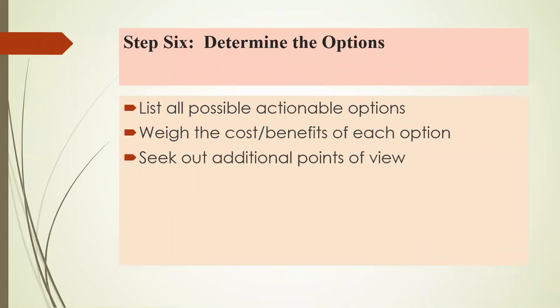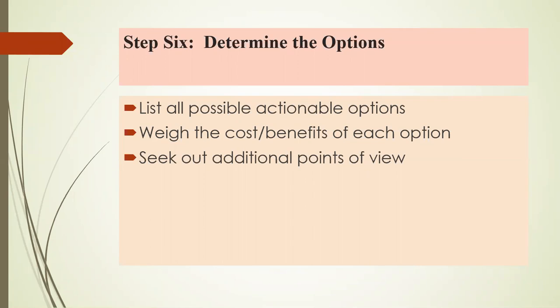We need to understand the cost and benefit of each and every option. Because ultimately, if you select option A, B, C, or D, you need to pay some cost. Cost doesn't mean only financial cost. You need to invest your energy, your time, your money, your people's energy.